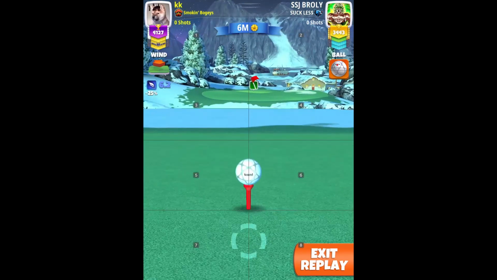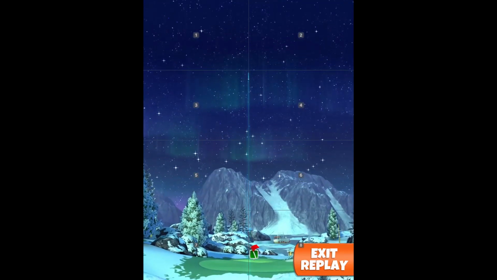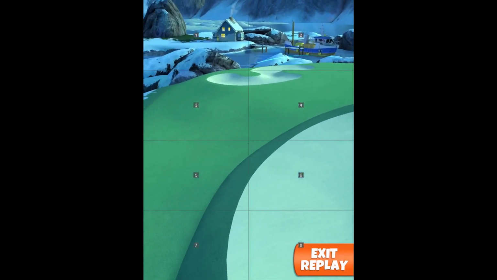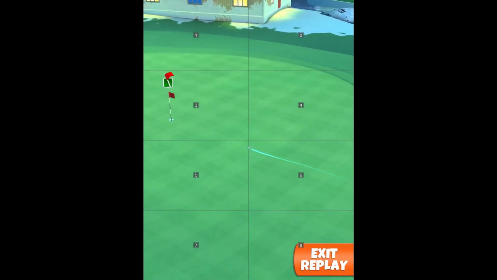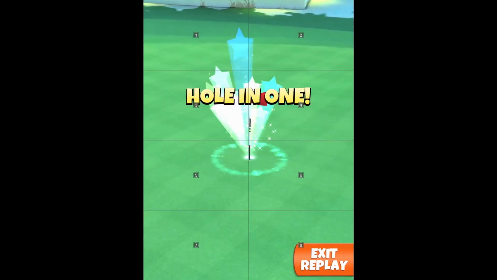And with a higher wind, I would still do a little bit of overpower, but since this was such a low wind, I didn't. Hit the pin, perfect.